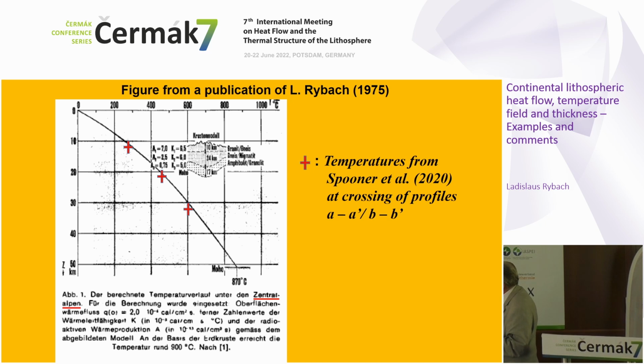Here are the numerical data which I took, but apparently I took this numerical data quite fortunate, because these are the results of Spooner et al. So either they were lucky or I was lucky, but I was certainly happy.